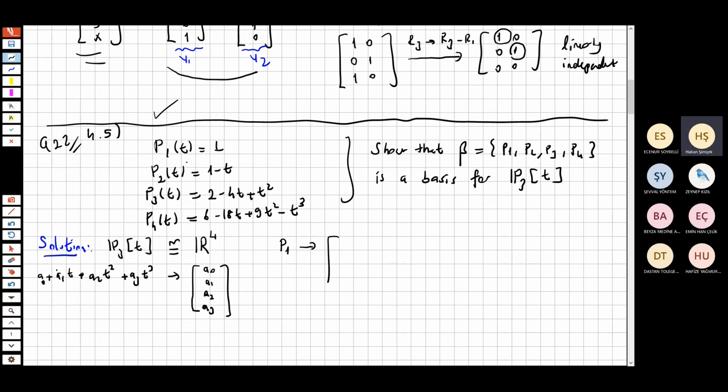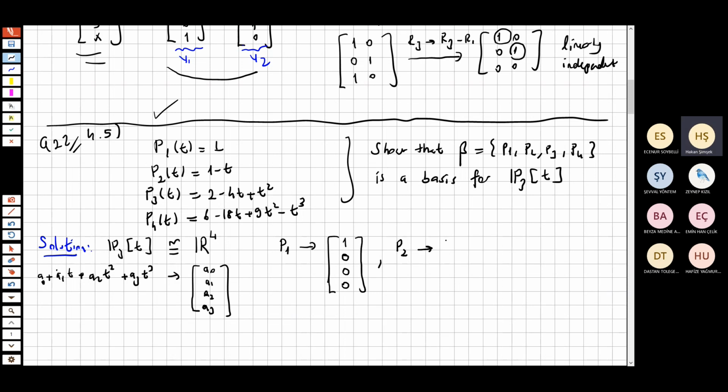So what are the entries for P1? Can you say? We have 1 for a0. There is no t, there is no t squared, there is no t to the power 3. So the coefficients in this case are 1, 0, 0, 0.